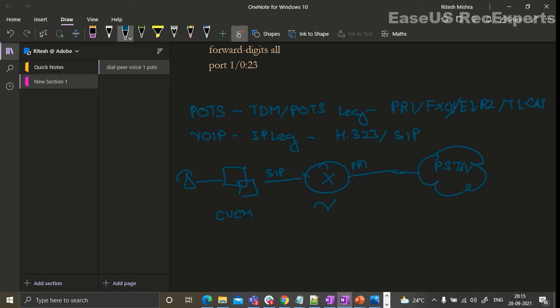At the PSTN leg you will need incoming and outgoing POTS dial pairs, and at the CUCM leg you will need incoming and outgoing VoIP dial pairs. For receiving a call you will need an incoming VoIP dial pair, and for sending out a call you will need an outgoing VoIP dial pair. To receive a call from the PSTN to this gateway you will need an incoming POTS dial pair, and to send a call towards the PSTN you will need an outgoing POTS dial pair. So this summarizes POTS and VoIP dial pairs for incoming and outgoing legs.